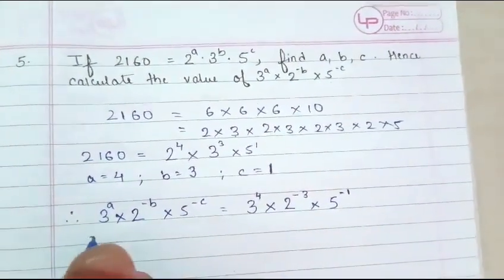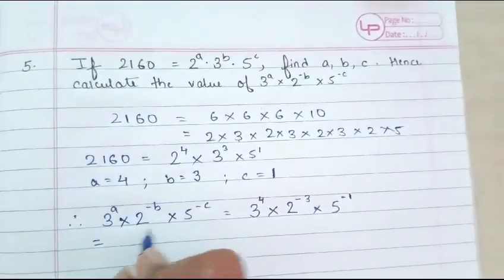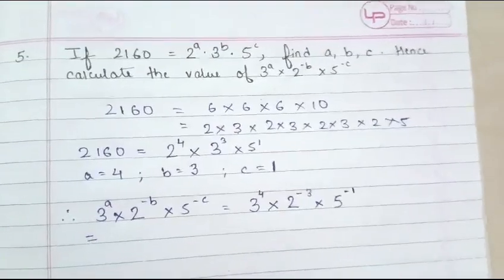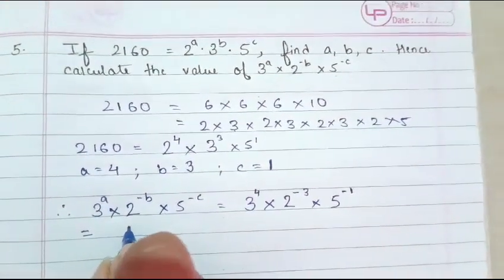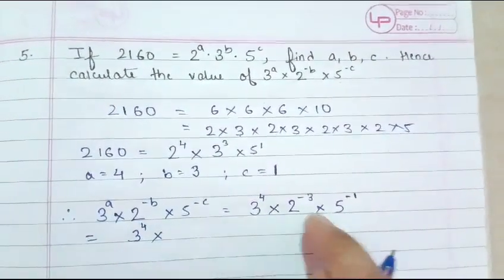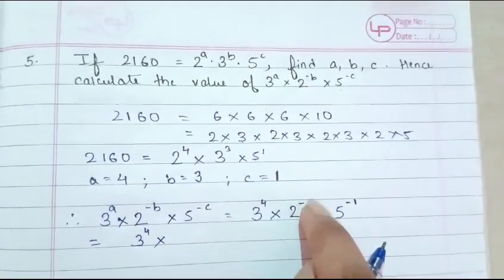What are you going to get it equal to? You have 3 to the power 4 into, this is 2 to the power minus 3.